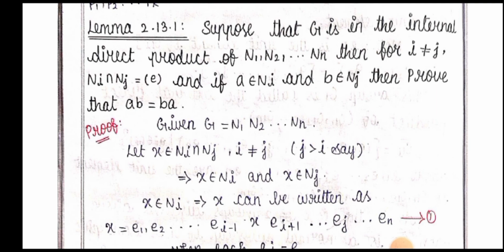Also, for the external direct product of G for the given subgroups A and B, we have G equal to A cross B. Using that, we now see a lemma.